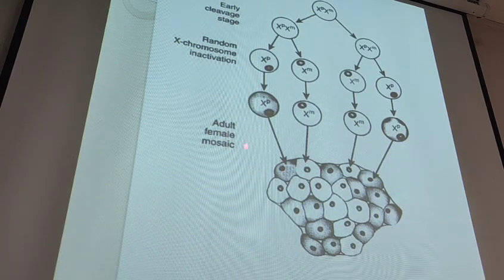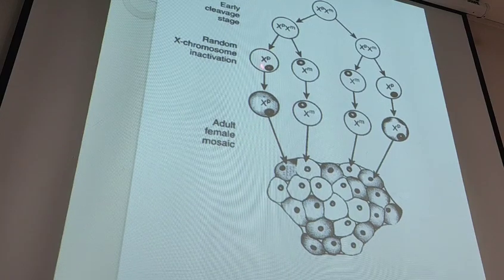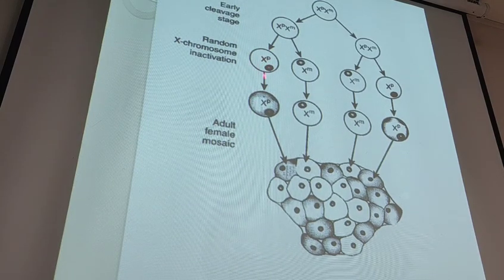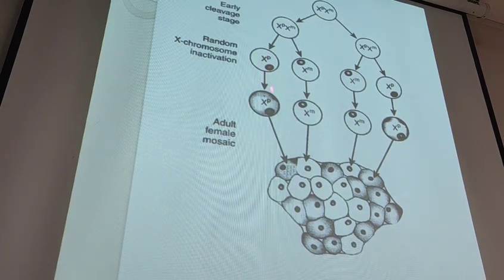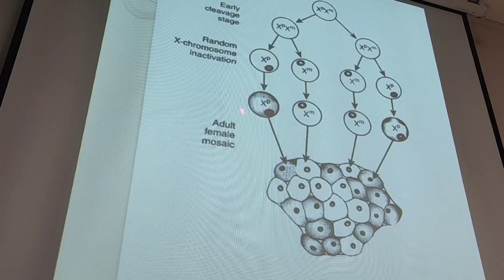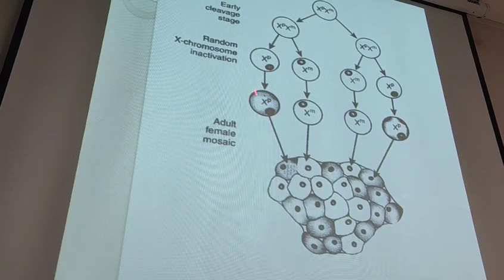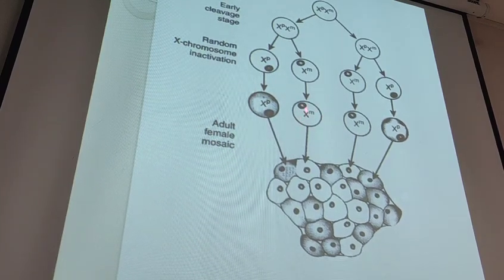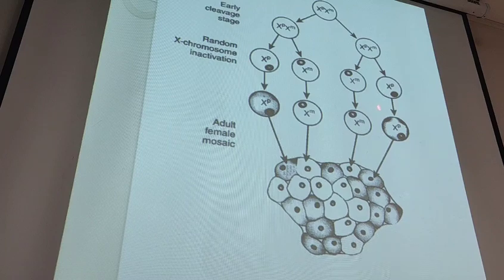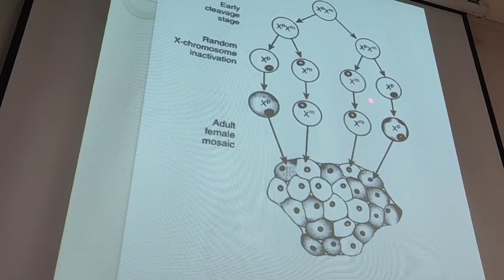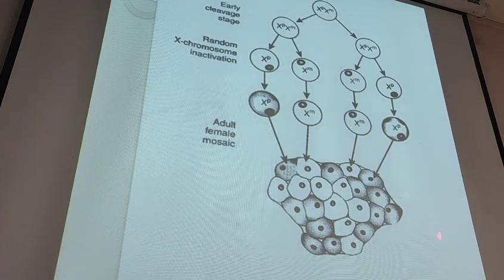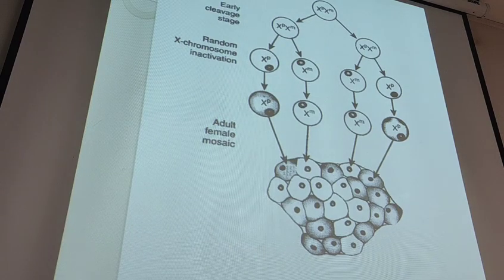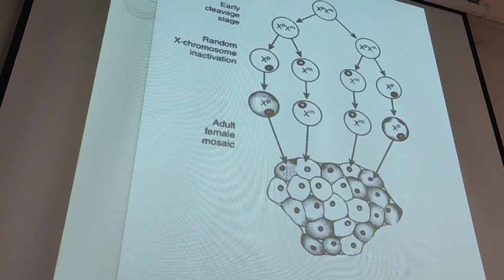Then they divide again, and after this step, all cells that come from these cells will have active paternal or active maternal, same as this one, active maternal and active paternal. So then in the tissues, we have a mixture of these cells.